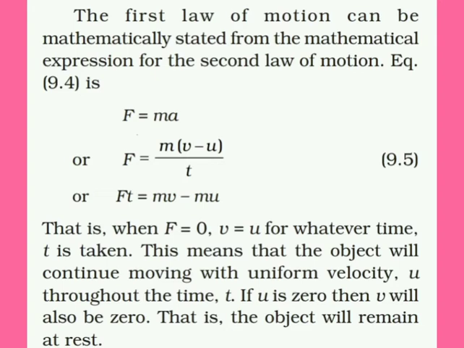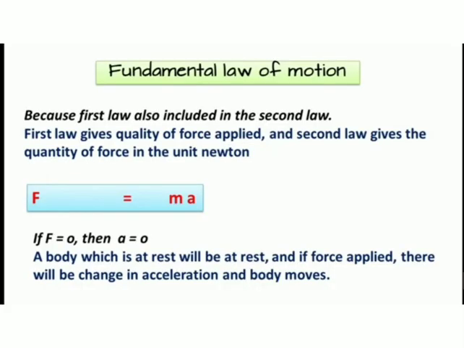This means that the object will continue moving with the uniform velocity u throughout the time t. If u is 0, then v will also be 0. That is, the object will remain at rest. Because the first law is also included in the second law.